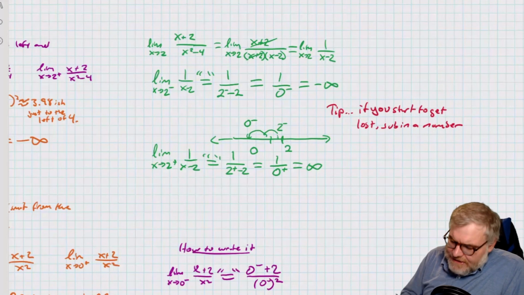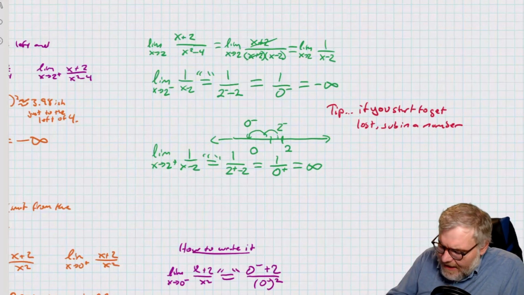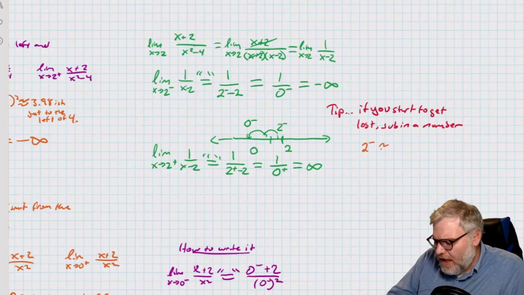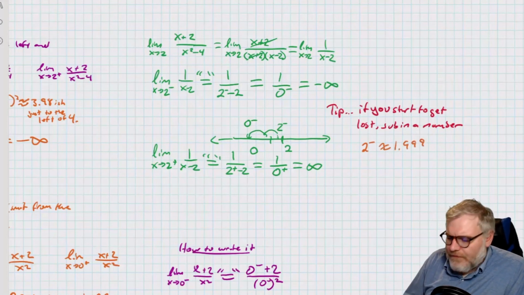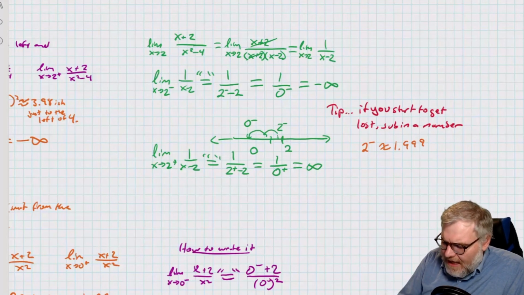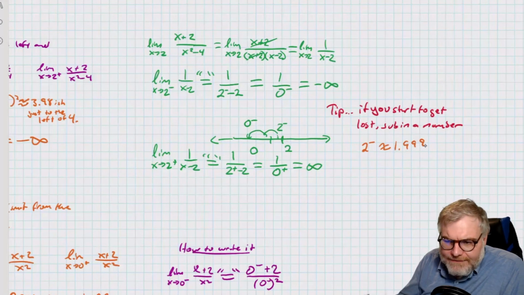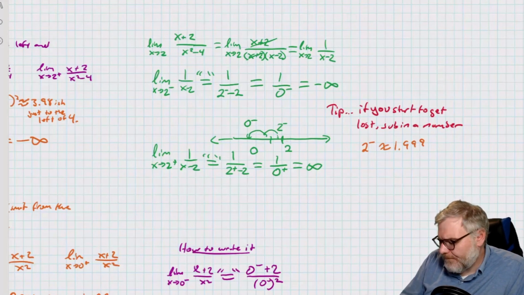Let me give you an example. If I got lost, what I would say is that 2 left is not really 1.999, but that's close enough for government work. So now when I take 1.999 minus 2, it's going to be clear that I'm going to wind up with negative 0.001.